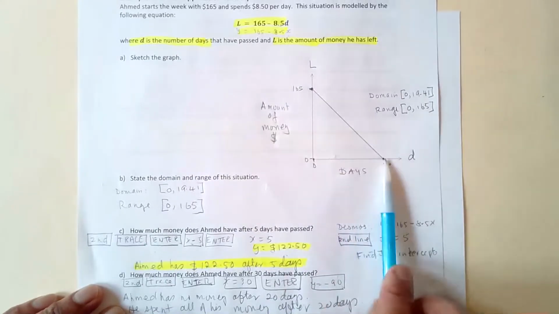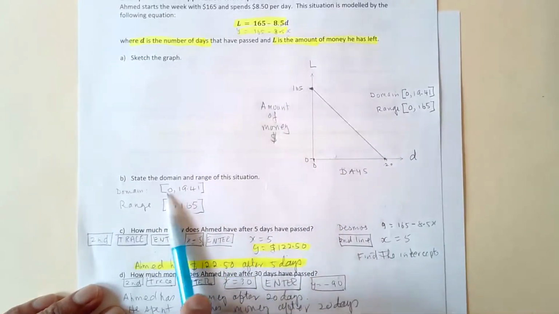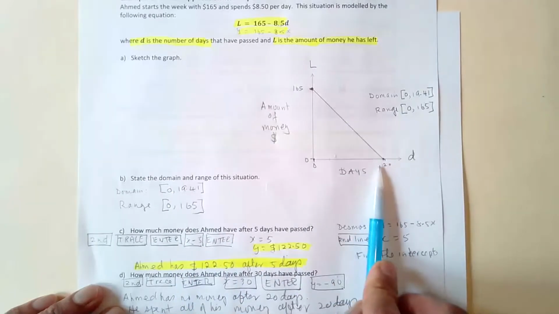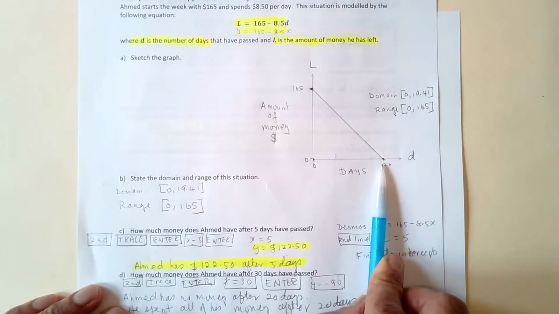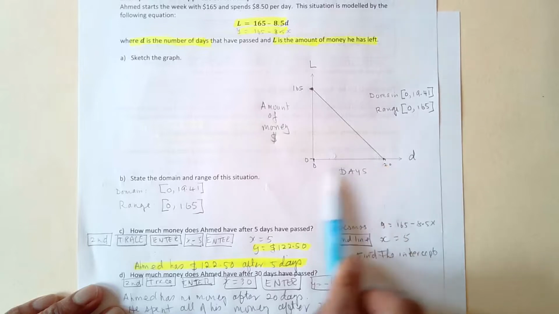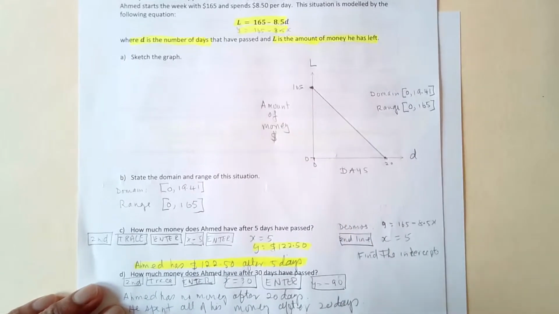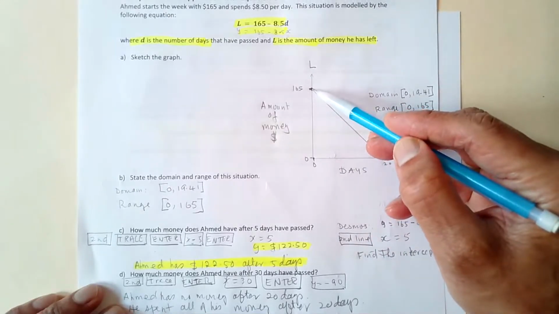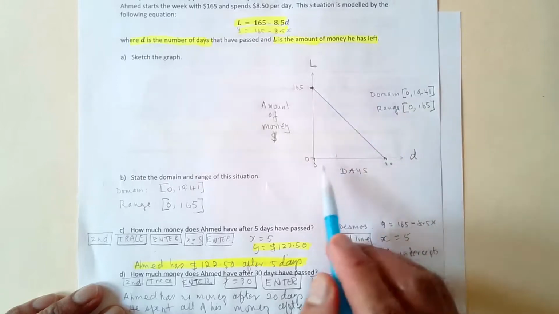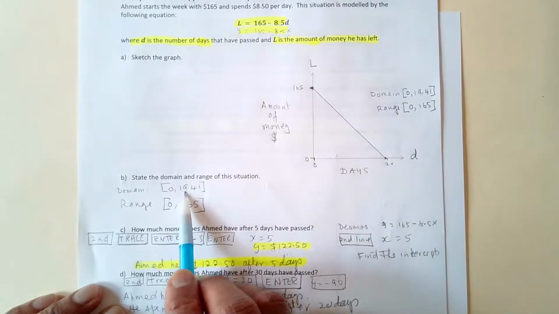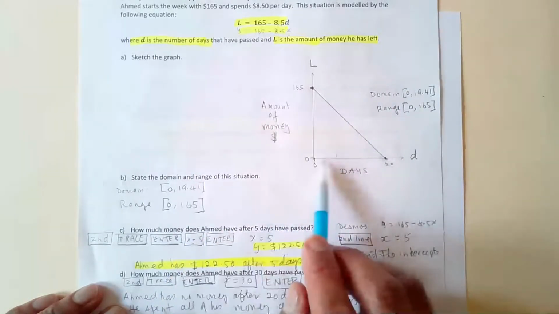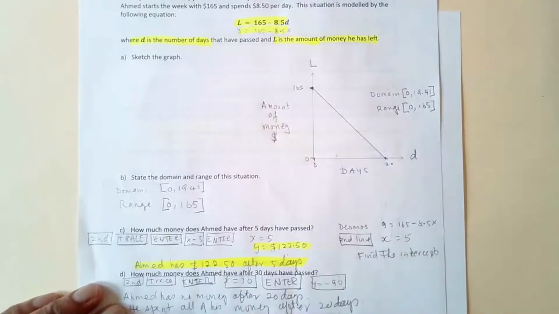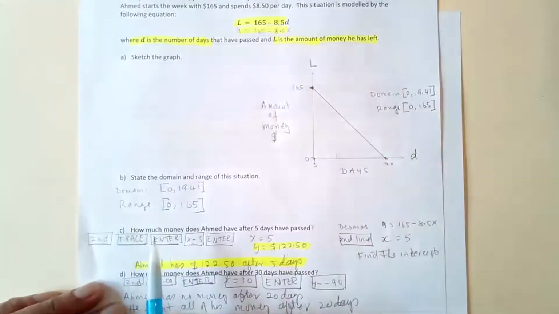So there's a restricted domain, which is your x values, in this case from 0 to 19.41. 19.41 is the exact number of days when the money ends. He has no more money. He started off with $165, and after 20 days, he has no more money. So that's when the equation is given.